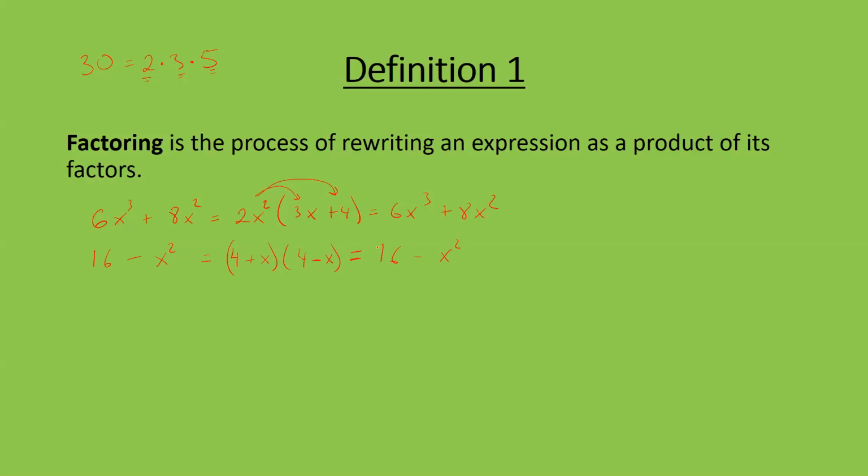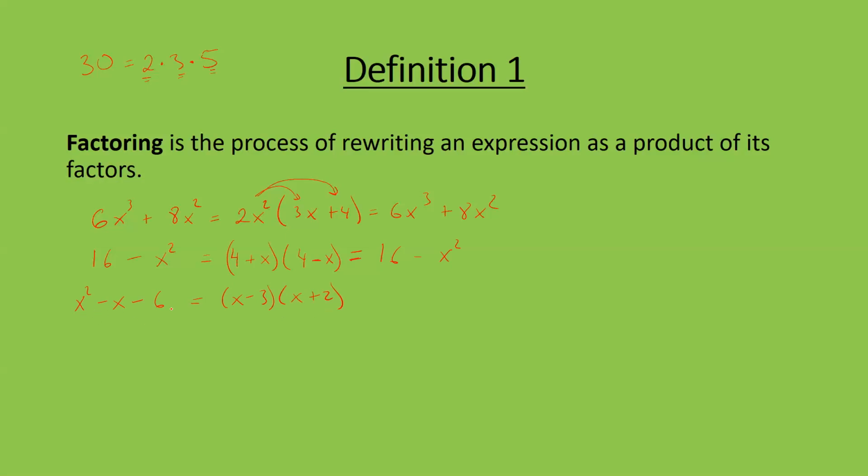And the techniques used in each of these cases are different. There's another technique used to factor something like x squared minus x minus 6, which would be factored into x minus 3 times x plus 2.